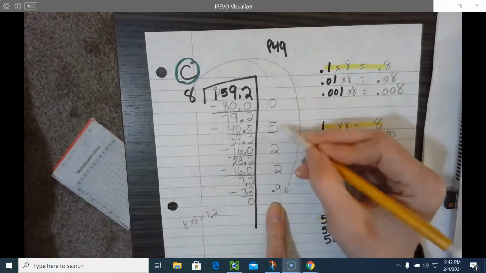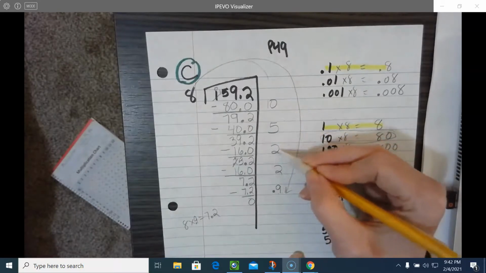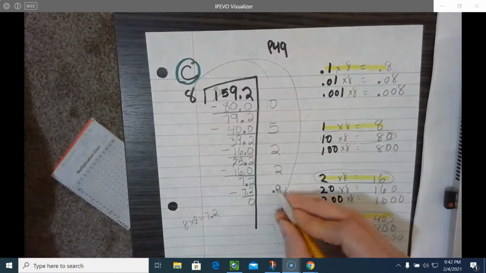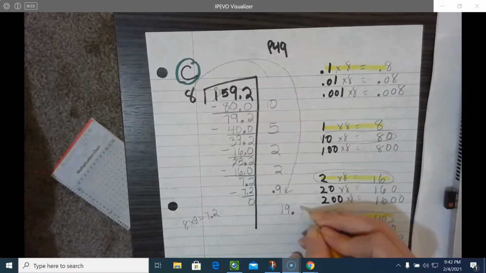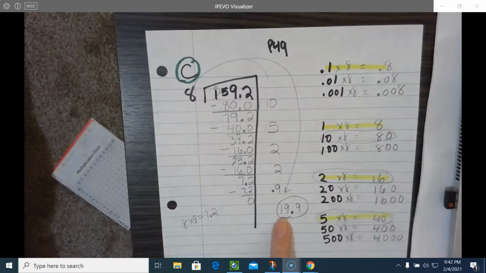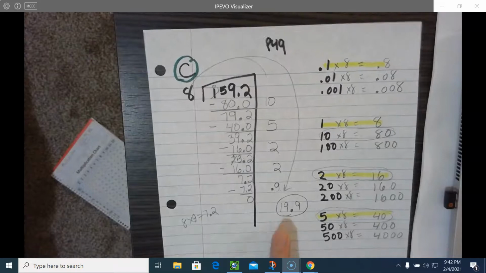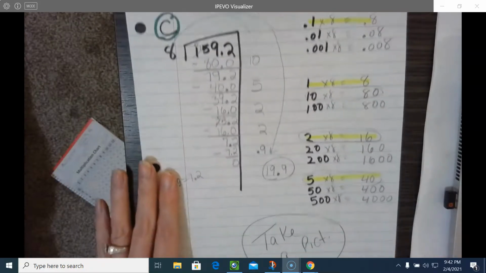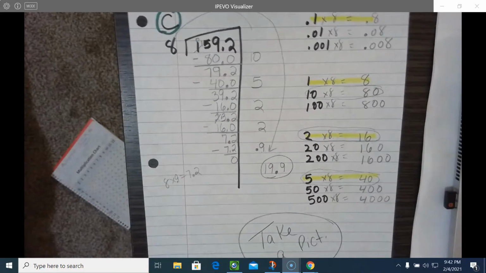So 10 plus 5, that's 15, 16, 17, 18, 19. 19 is my whole number, and then my 9/10 comes after. So 19 and 9/10. Right now, you are going to take a picture of this in Seesaw.